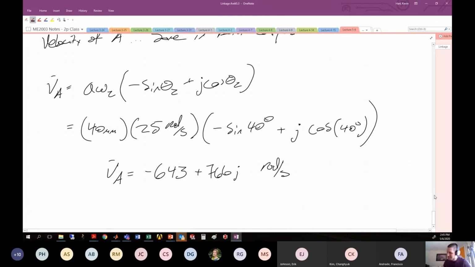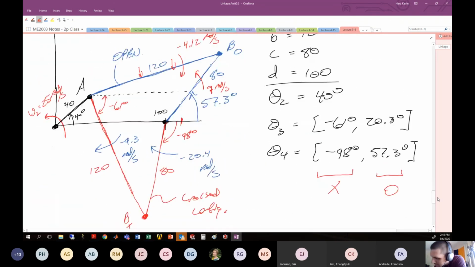Wow. Katie, good job. All right, so remember that this is your X direction, and this is your Y direction. Let's go up to our figure and see if this makes sense. Negative 643x 766j. If this link has angular velocity 25 radians per second in this general direction, then we would expect the velocity vector coming off here, v at a, to look something like this, since it's perpendicular.